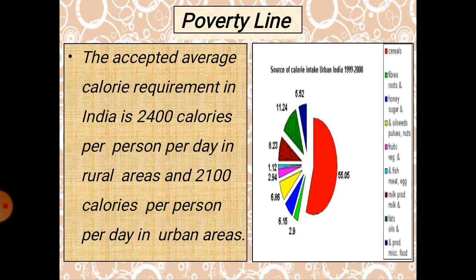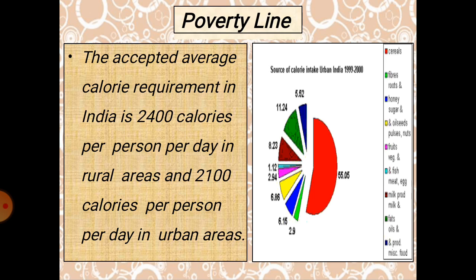At present, the average calorie requirement they have calculated in India is 2400 calories per person per day in the rural area. So in a rural area he should get 2400 calories, but if he is not getting it, he will be under the poverty line.